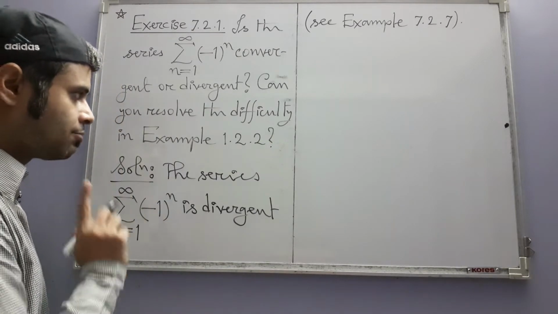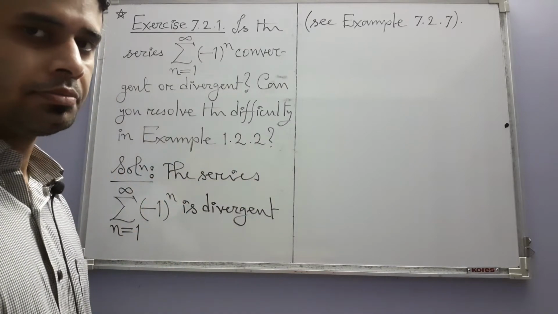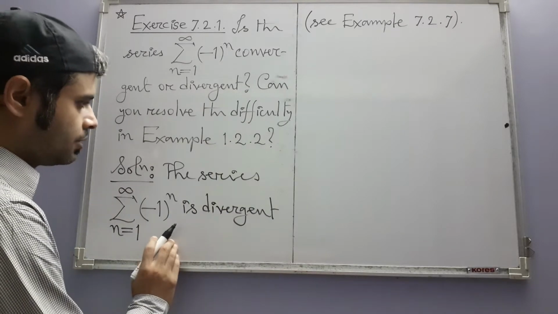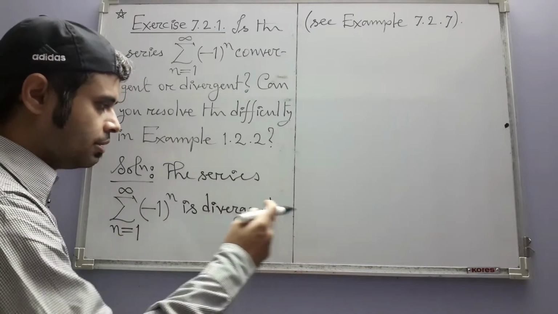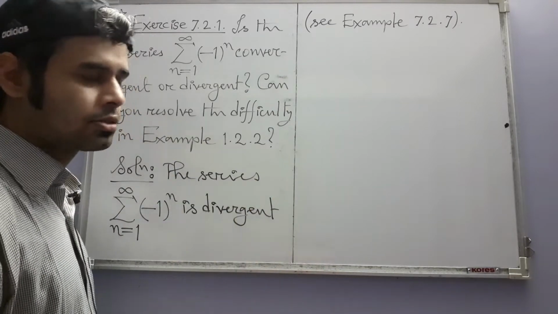In this example we saw two series. One of those series is of course this one, and the other one is the series which goes like this: 1 plus 2 plus 3 plus 4 and so on.